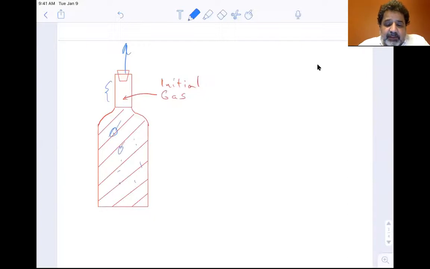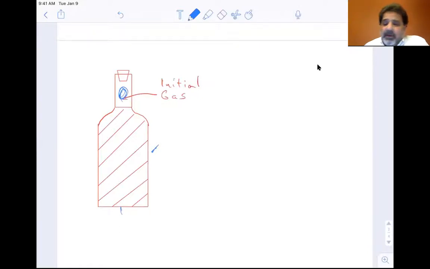Each one of them expands, and that's what shoots out the champagne. Now, let's see if I can get rid of all these little blue marks. If you tap the sides and the bottoms to where there's no more bubbles, you'll return the gas to this chamber up here, and when you release the cork, you won't get the outflow that you normally get.